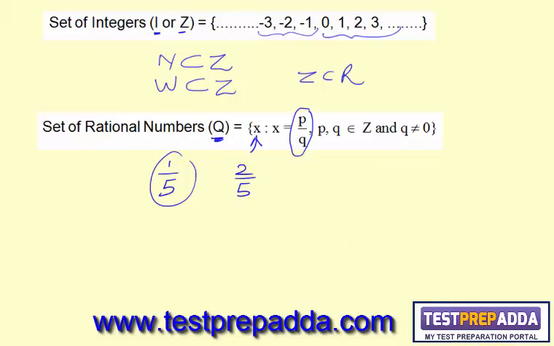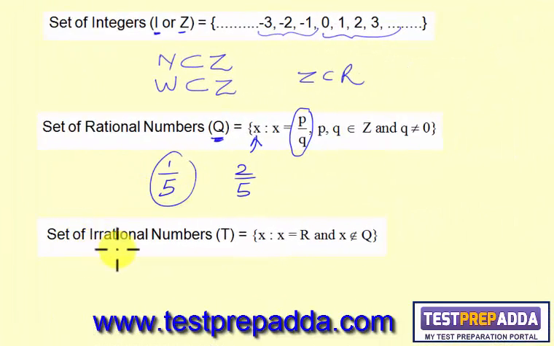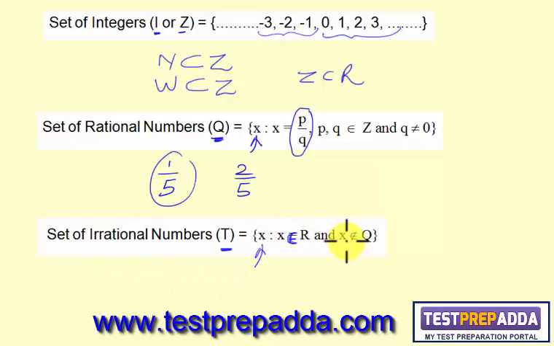Another subset of real numbers. Set of irrational numbers. We write this with letter T, and that T is equal to, for all values of x such that x belongs to R and x does not belong to Q. Q means set of rational numbers.